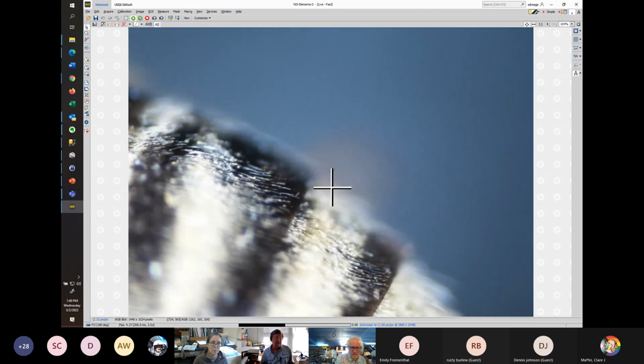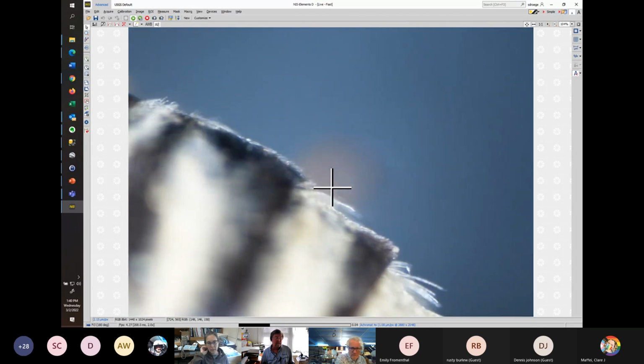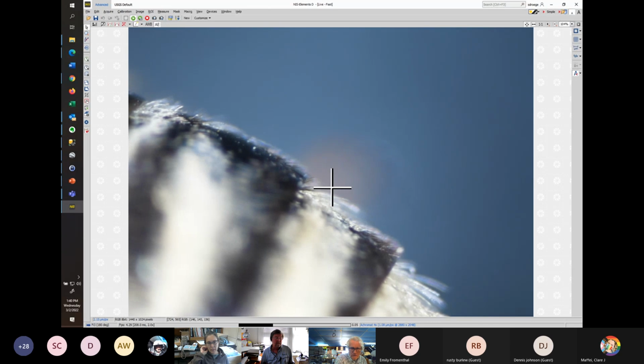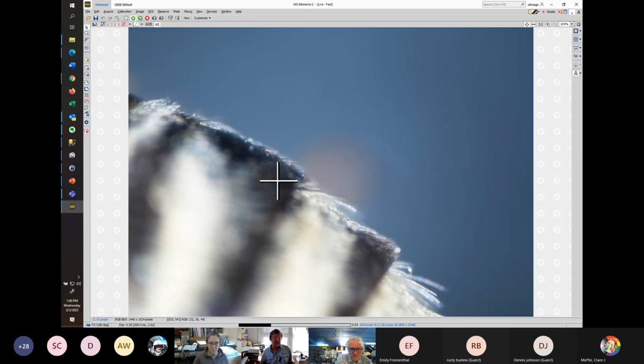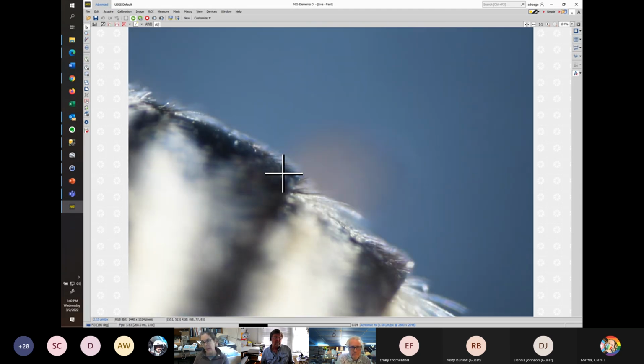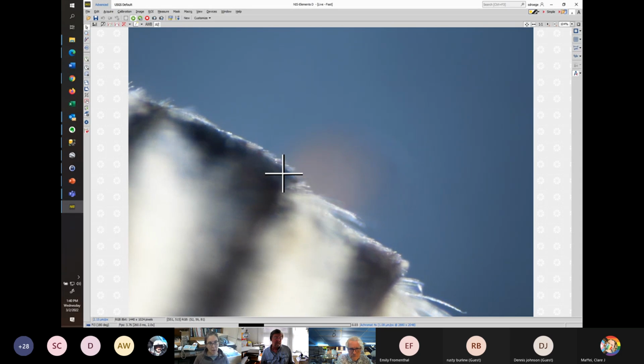What am I looking at here? Yeah, you have to spend a little bit of time. You can see a little bit of the black hair here where it's contrasting with the sides, but it's hard to see sometimes. In coreopsis, both T2 and T3 will have that black hair below the hairband.